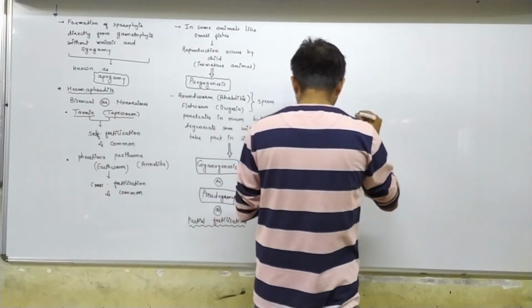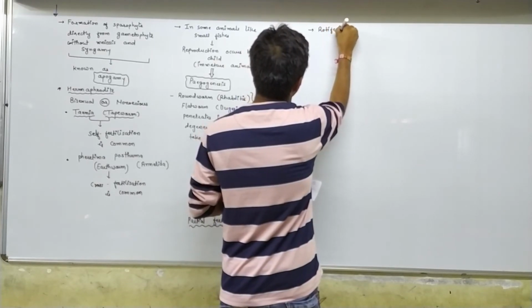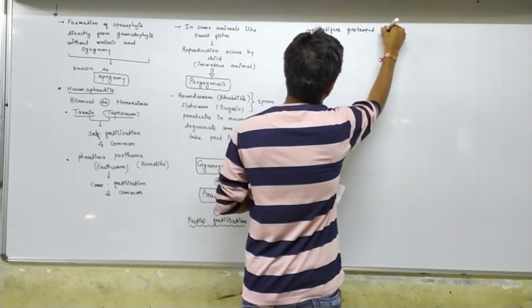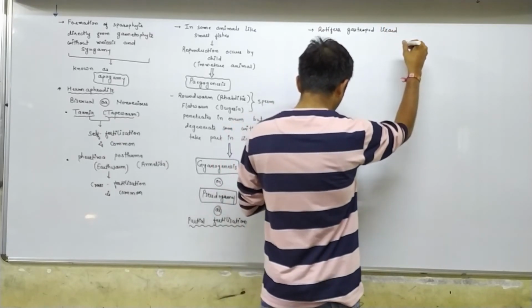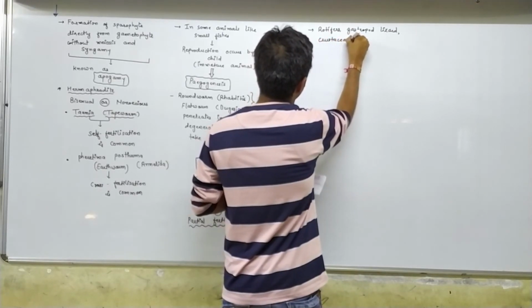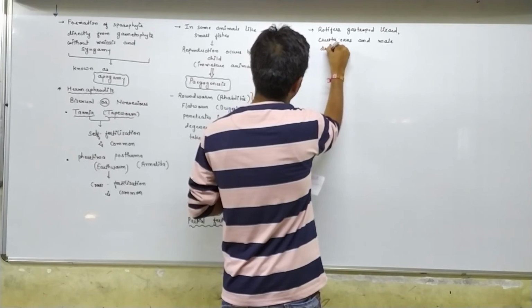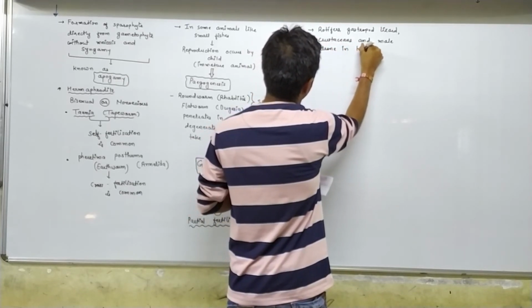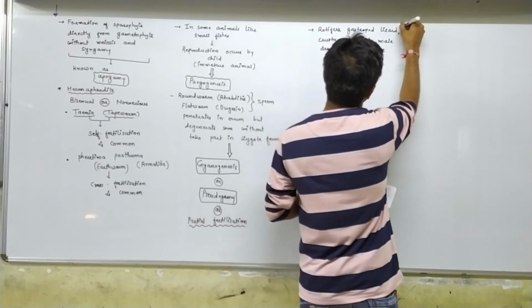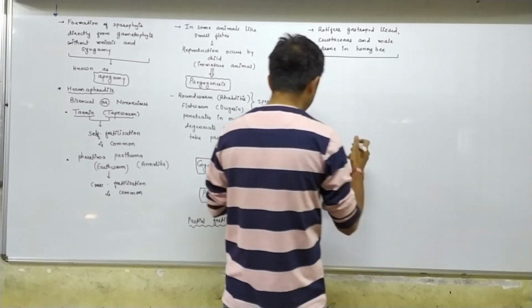Rotifers, gastropods, lizards, crustaceans, and the male drone in honeybee: the animal is developed without fertilization, so it is known as parthenogenesis.